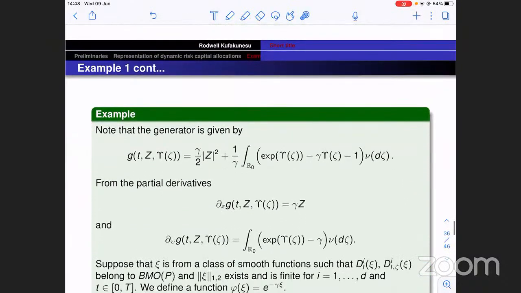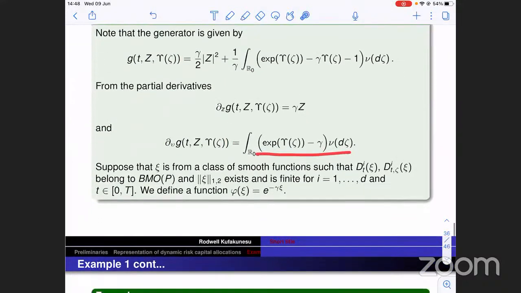So the structure of our generator is like this. Note that the generator is given, and the partial derivative, we don't have any problem here. The partial derivative will be gamma z, and that of the jump component will be of this nature.